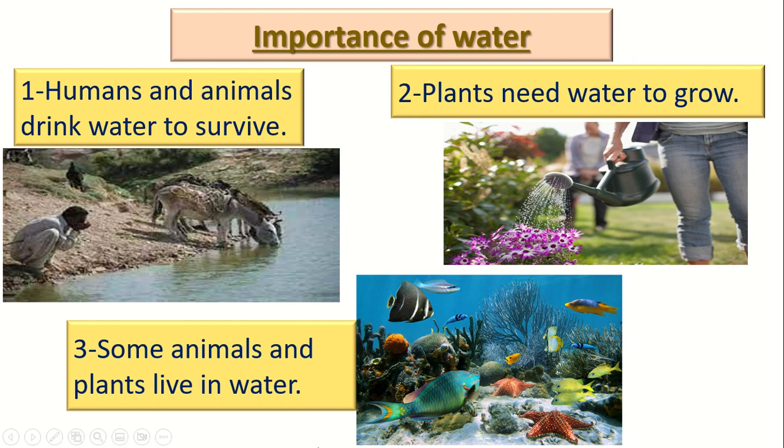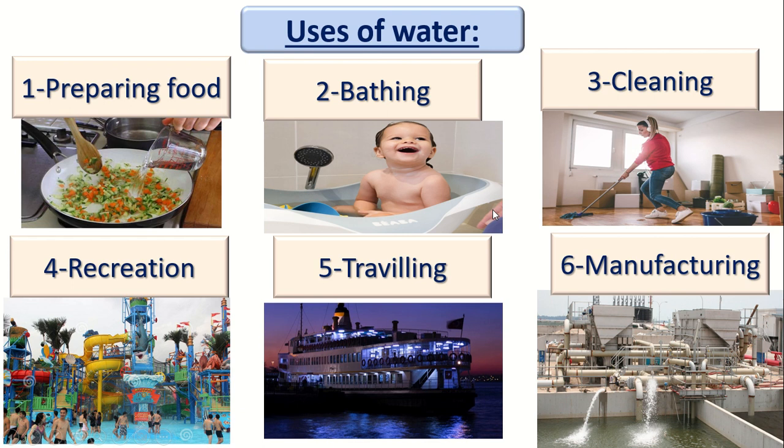So the importance of water, or the uses of water, are: number one, we can use water in preparing food, bathing, cleaning, recreation, and recreation means having fun with water, like an aqua park. Number five, traveling. The water helps us to travel between different countries.